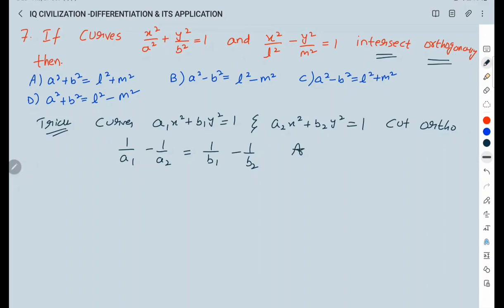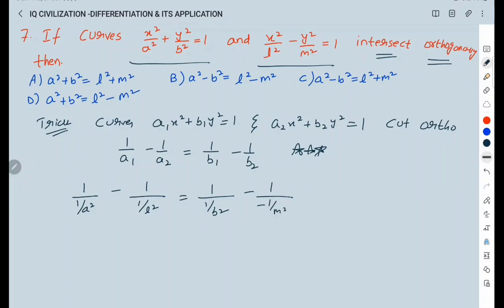then our trick is 1 by a1 minus 1 by a2 is equal to 1 by b1 minus 1 by b2. Very important. So here my question just changes: x square by a square is nothing but 1 by a square x square, 1 by b square y square equals 1. Here 1 by l square x square minus 1 by m square y square equals 1. So according to our trick, what we need to do? 1 by a square minus 1 by l square is equal to 1 by b square minus 1 by minus m square.